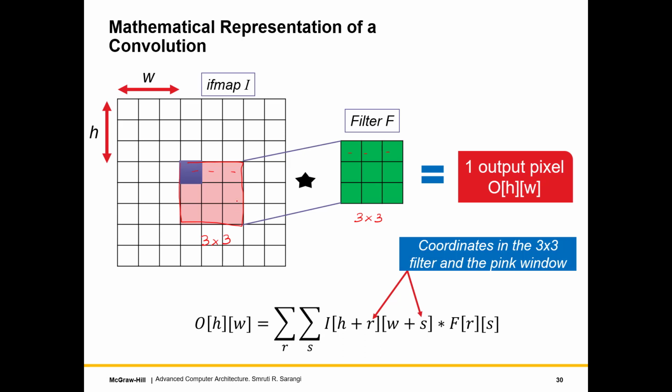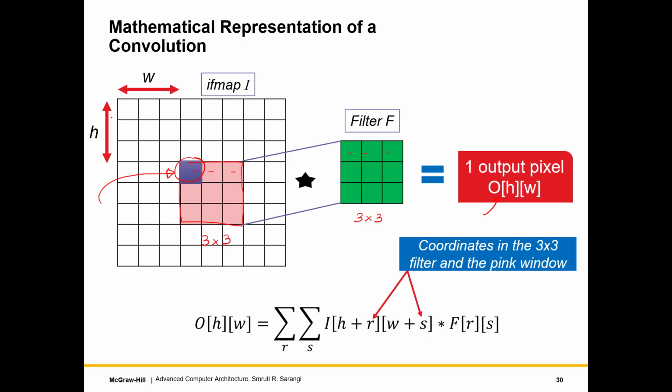Then we produce an output pixel. The output OF map in this case has exactly the same dimensions as the input feature map. Again, this may not be the case, but let's take the simpler case; generalizing it for other cases is quite easy. In the output feature map, the value of this pixel is given by O_HW.